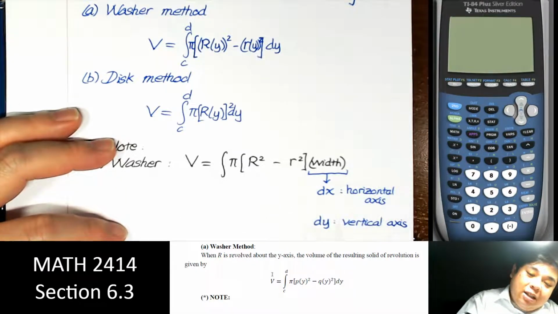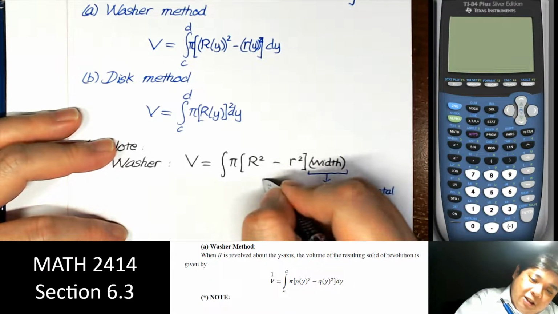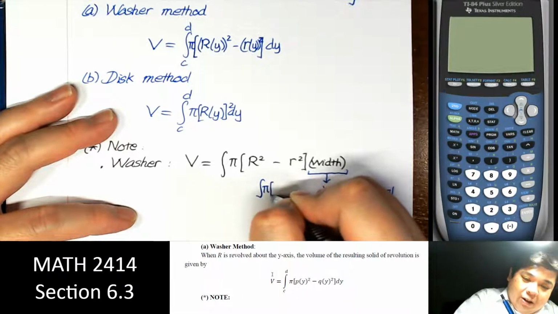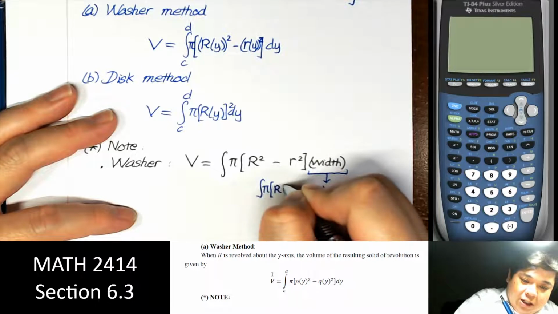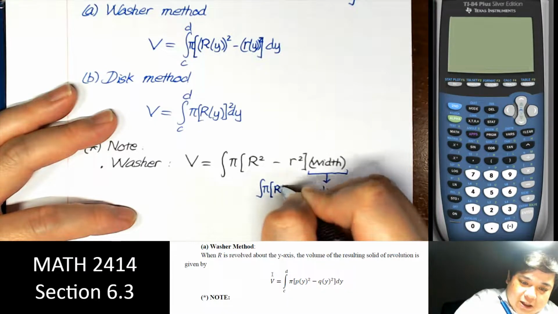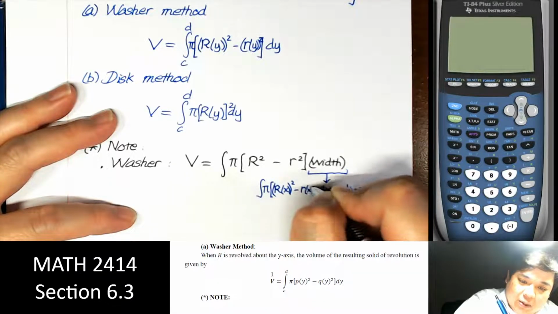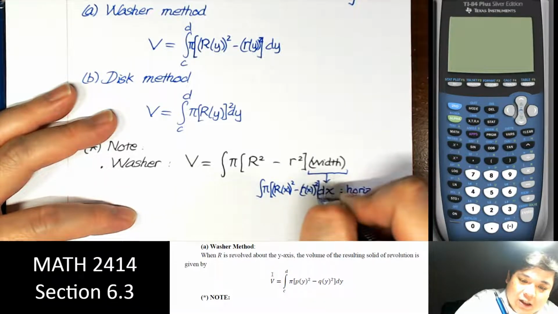And if it is dx, we just have the function in terms of x squared minus little r of x squared.